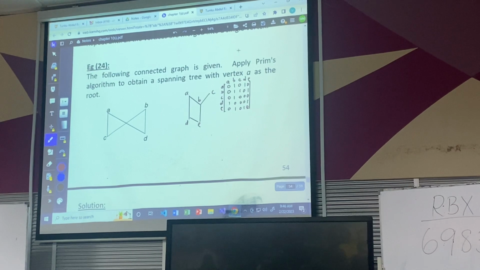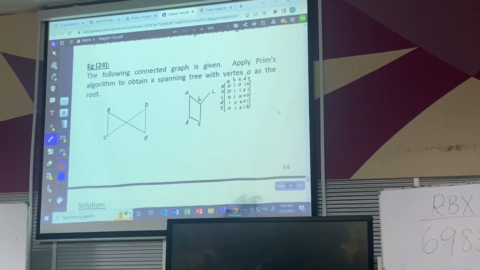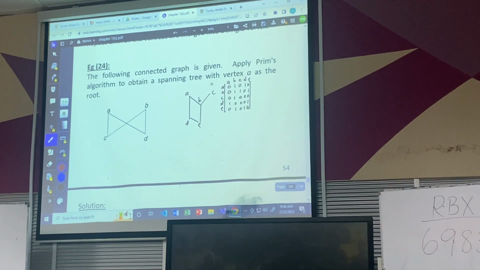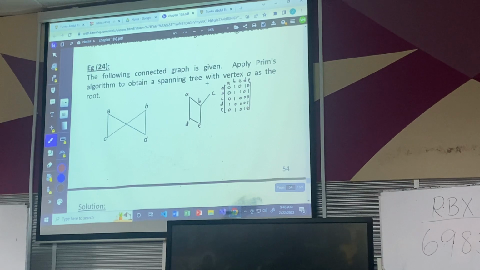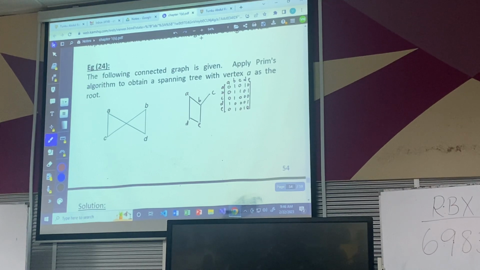So now, because I already put A as the first row, we choose A as the root. But actually, if the question asks you to choose C as the root, you can always put C as the first row and the first column. It will be easier to combine later on. Okay?